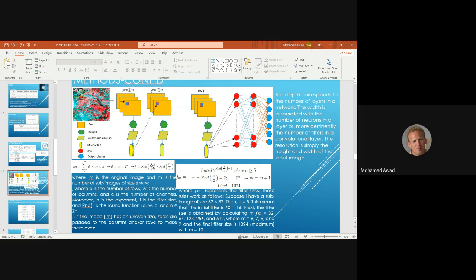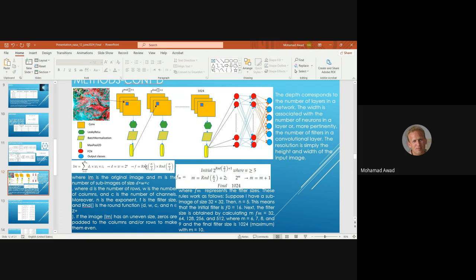n is the closest power of 2 to the size of the image, for the width and height, or row and column size. The closest power number is used as a value to start the initial filter number.